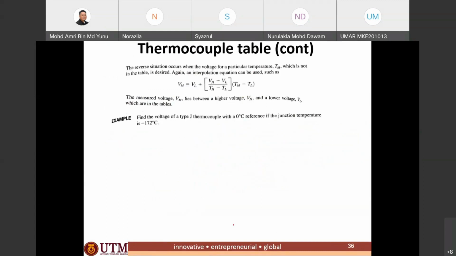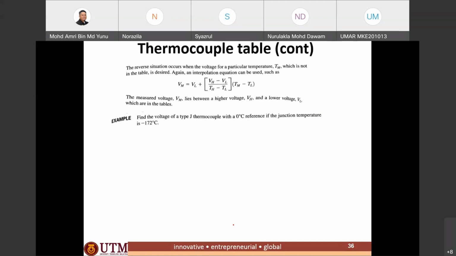Right. So in reverse situation, where the voltage, in practical, basically you do measurement on the terminal, and then from that measurement on the terminal, you want to estimate what is the actual measurement or measuring temperature at T1.